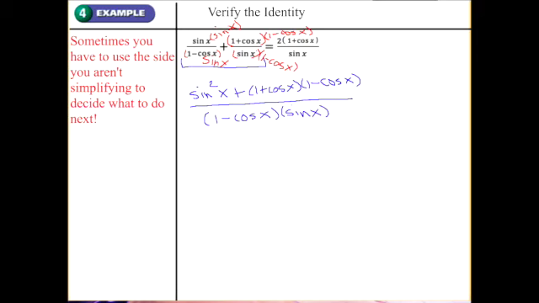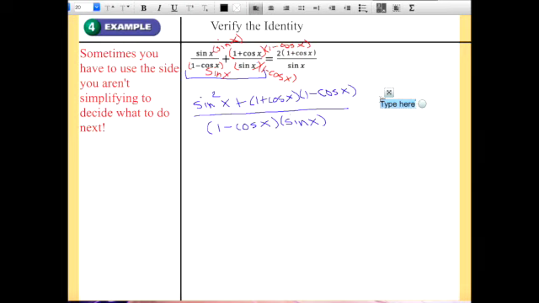So what did I do here? Man, all I did was get a common denominator. Very good. Now let's go ahead and do a little distributive property.